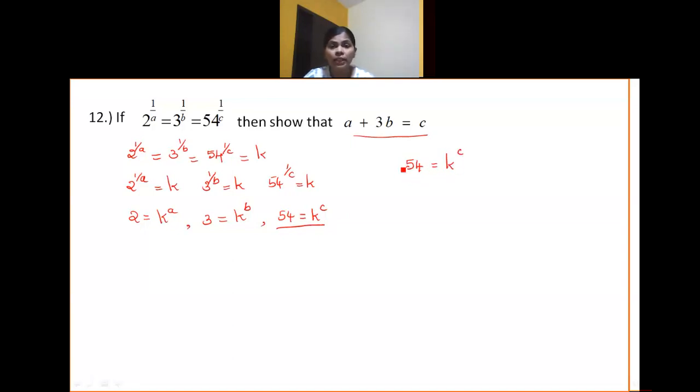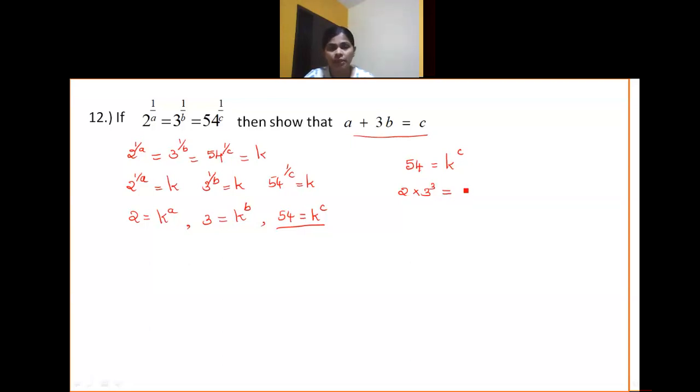Now, let me try to express 54 as the product of 2 and 3, which I can write as 2 into 3 to the power 3.